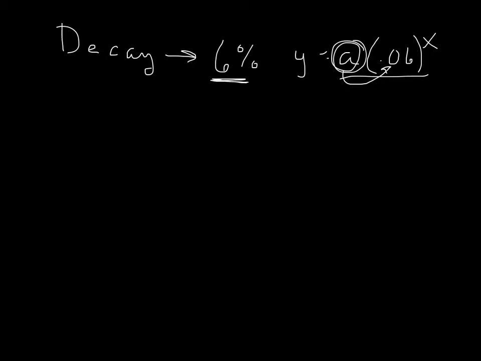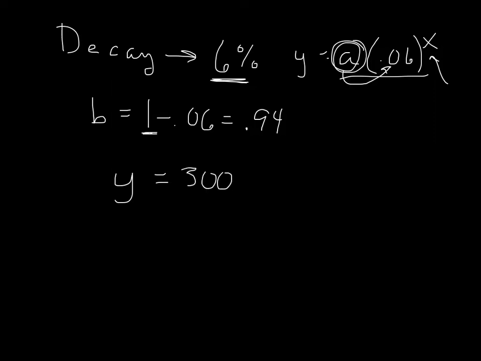So how much do you actually have left after one cycle through? You have 94%. So to come up with b in this case, you take 1, which is your 100%, minus 0.06, which gives you 0.94. So a function could be y equals 300, if that's what the initial population is, and again, this has to be stated, times 0.94 to the x.